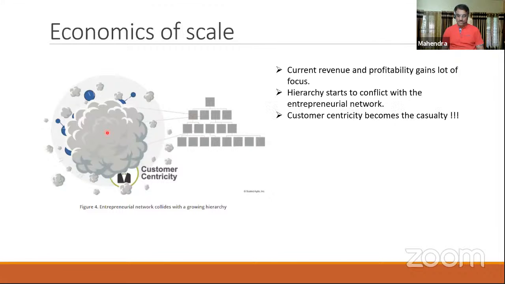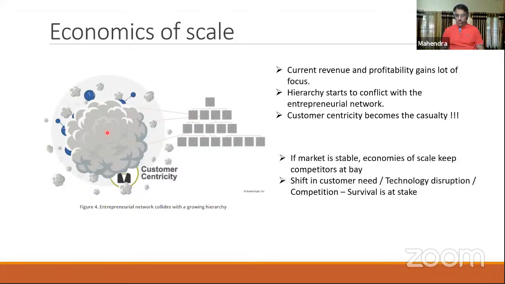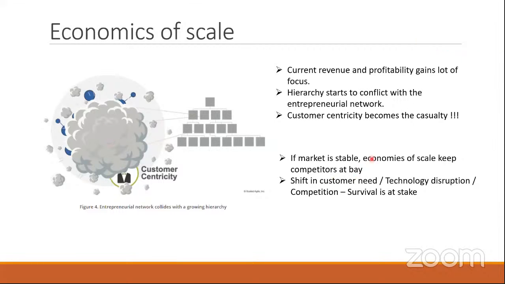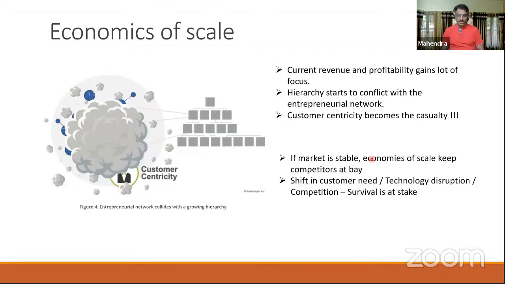The flip side is we start defocusing from the customer point of view. Customer centricity becomes the casualty. Now, this is still sustainable if the market is stable and if the economies of scale can keep the competitors at bay.